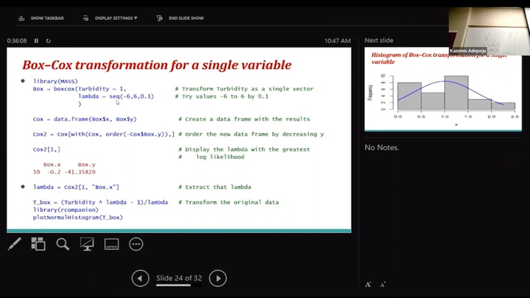Here we're going to get a lambda, and we're going to say stupidity raised to the power lambda, minus 1, divided by lambda. And where is the lambda coming from? The lambda is basically coming from here. And when we draw the histogram again, let's see what we have.